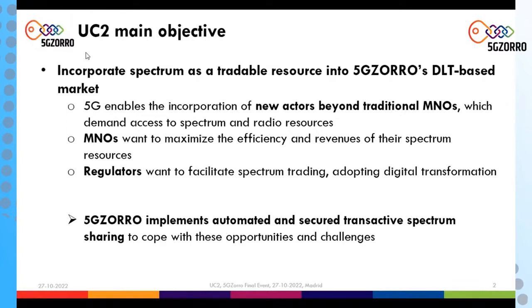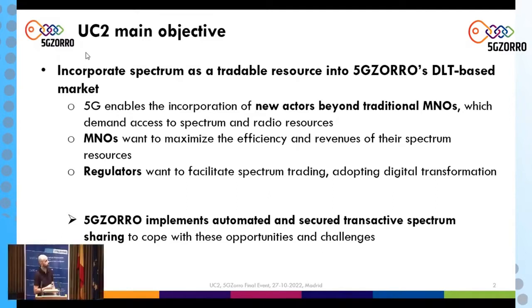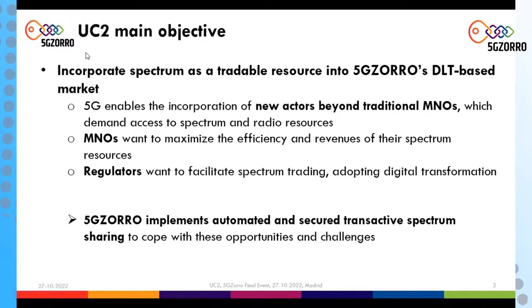And then we have the regulators, who want to facilitate this trading and adopt digital transformation. As commented by Swaib, in the team we have MCA and a regulator, and so we are aligned in this view. So considering all of this, the idea is that 5GZORRO implements automated and secure transactive spectrum sharing.